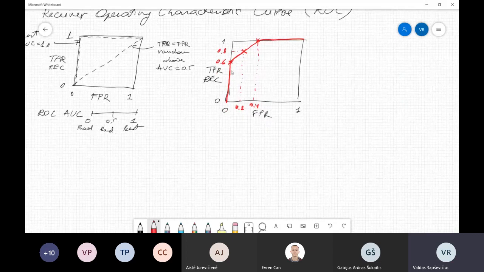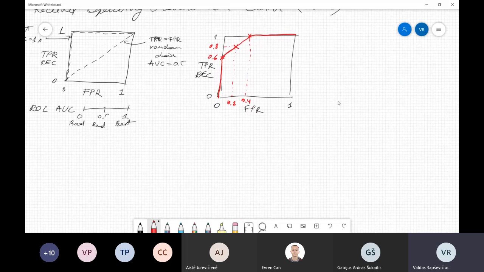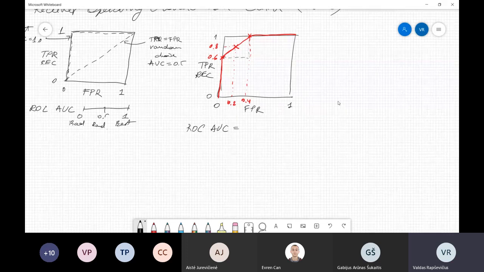So again, you can put multiple curves here, and you can compare between them, and obviously you can have the ROC area under the curve calculated. So basically we can calculate, this is a half of this guy, right? A half of this guy, and this is 0.4. This is 1 minus 0.4. 0.4 times 0.4, right? This is 0.4 and this is 0.4, right?